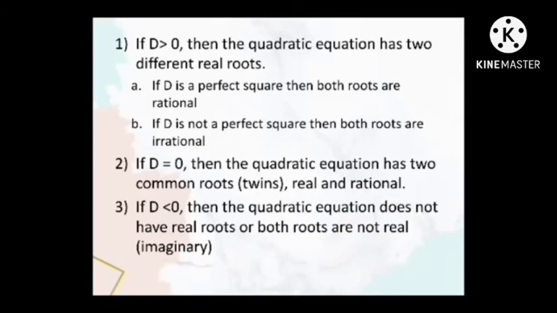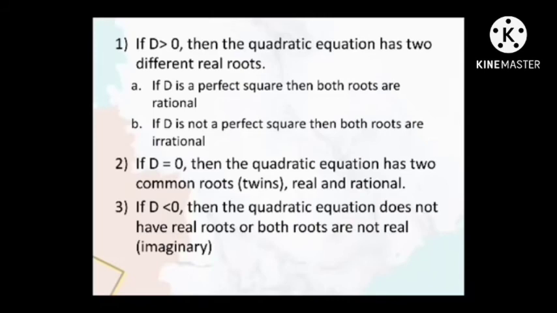First, if D is more than 0, then the quadratic equation has two different real roots. If D is a perfect square, then both roots are rational. And if D isn't a perfect square, then both roots are irrational.